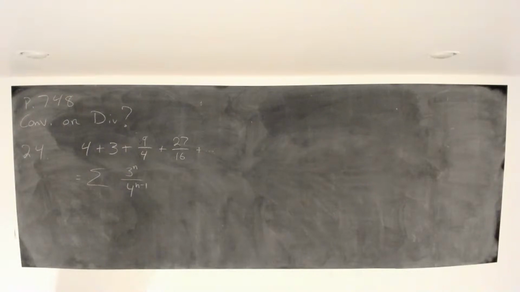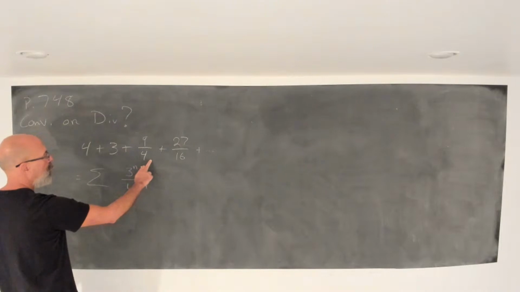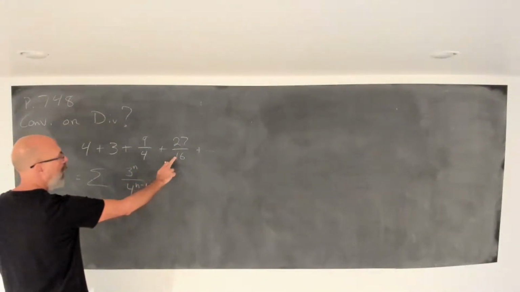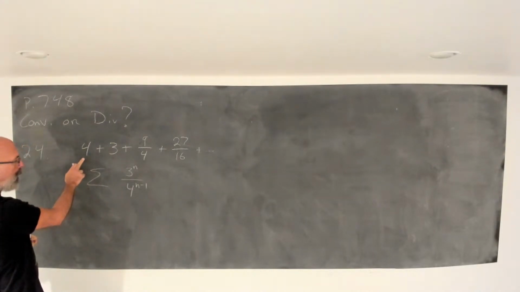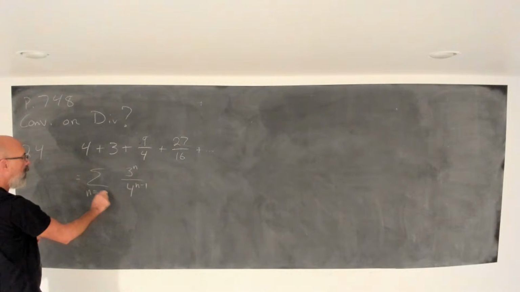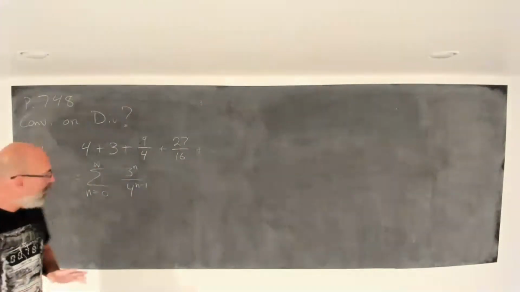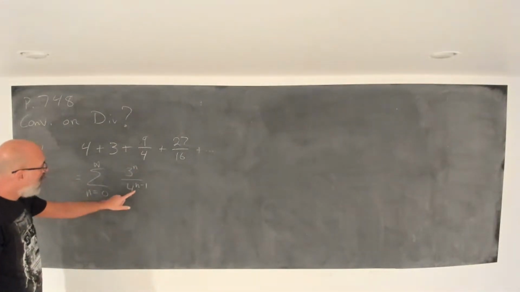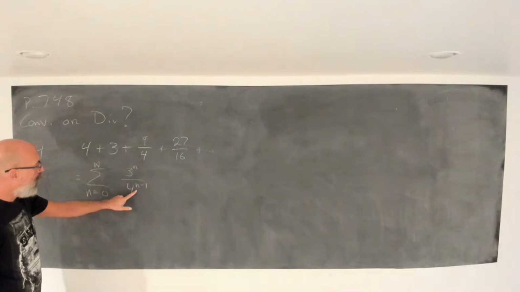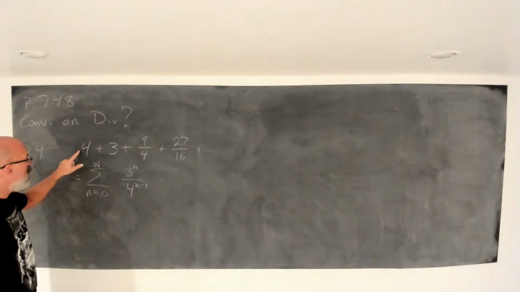And where does n start? Here, this would correspond to n equals 2, n equals 3. So that should be n equals 1, and that should probably be n equals 0. Let's see if it works. No guarantees, right? If n is 0, this is 1. This is 4 to the negative 1, and because it's a negative exponent, it flips and it gives you the 4.